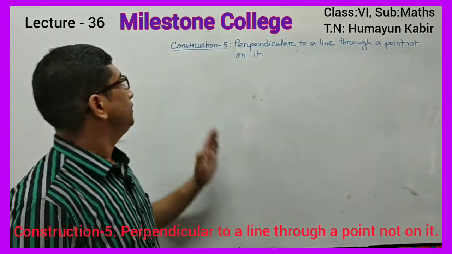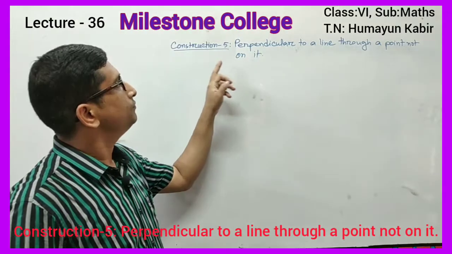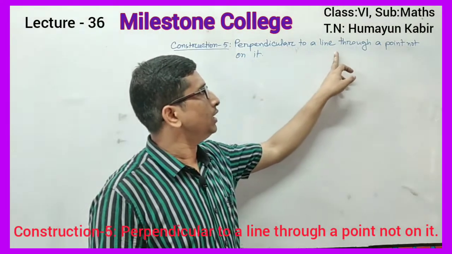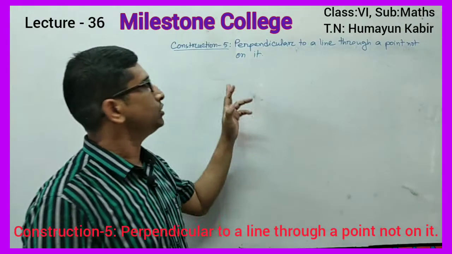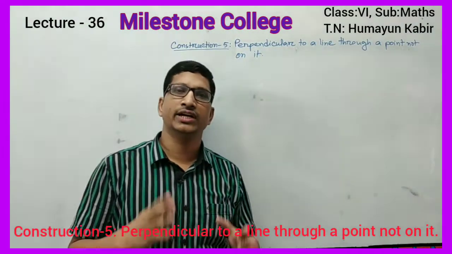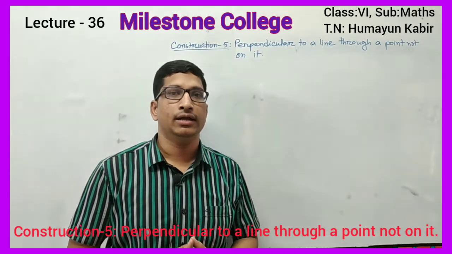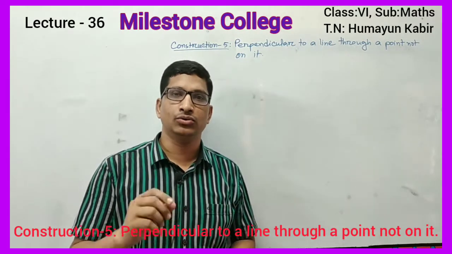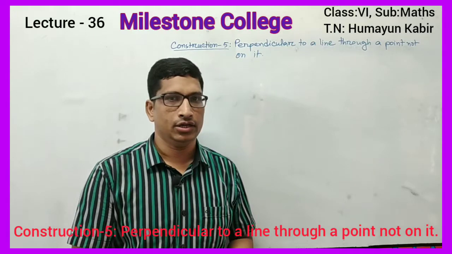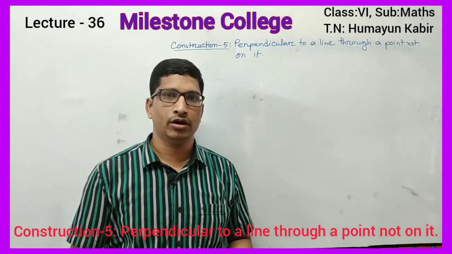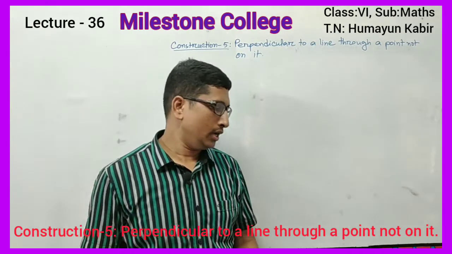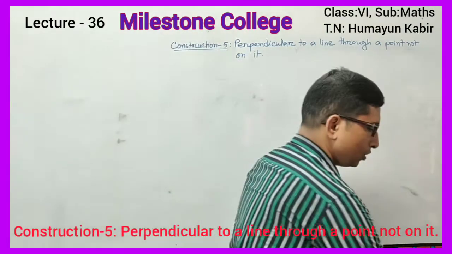Now next, construction 5. Perpendicular to a line through a point not on it. Suppose a line and a point are given, but here this point will be outside of the line, not on it. Now look here, how will we draw this one?